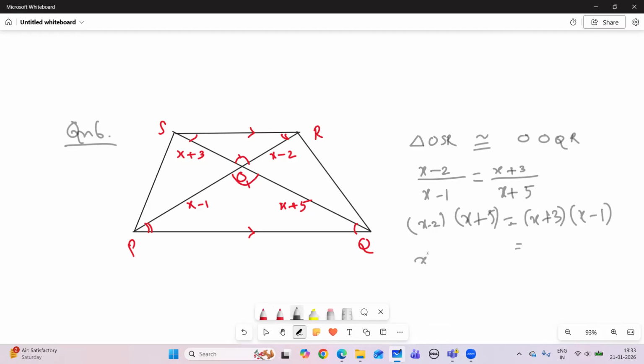Now this becomes x squared minus 2x plus 5x, that is plus 3x, and then minus 2 into 5, which is minus 10, is equal to x squared plus 3x minus x, that is plus 2x, and then plus 3 into minus 1, which is minus 3. The x squared cancels out. You have 3x and 2x, so 3x minus 2x is x. Minus 10 taken to this side becomes 10. 10 minus 3 is 7. So the value of x is 7.